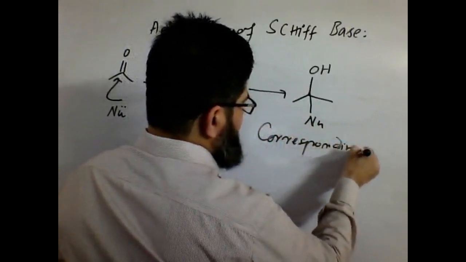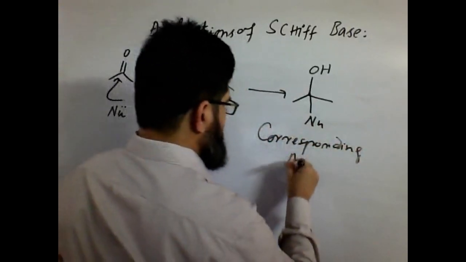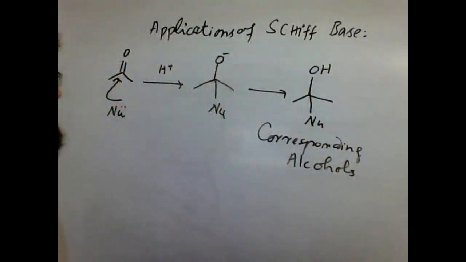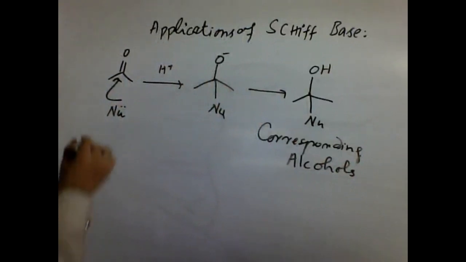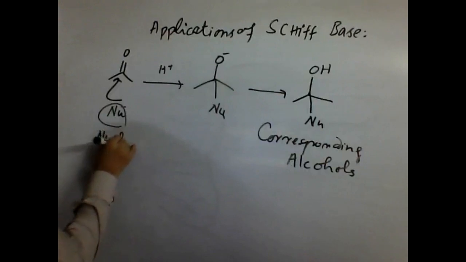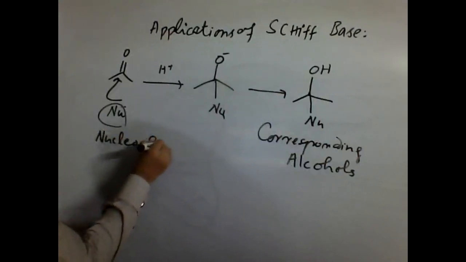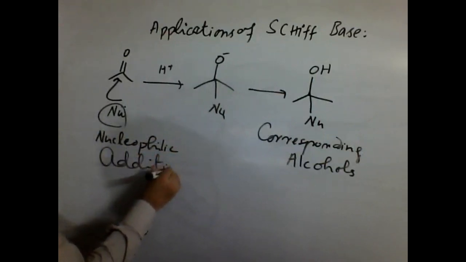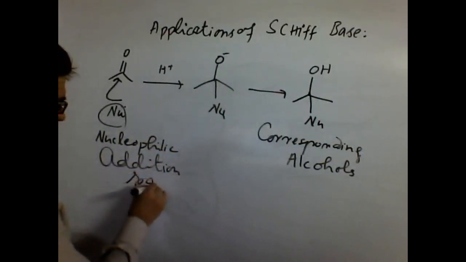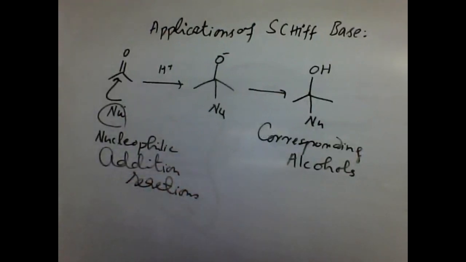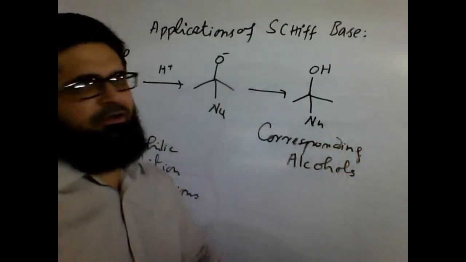So whenever we start from aldehydes and ketones and react them with certain nucleophiles, those nucleophiles undergo nucleophilic addition reactions, giving us the corresponding alcohols.